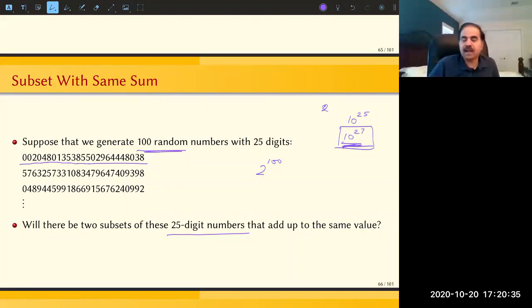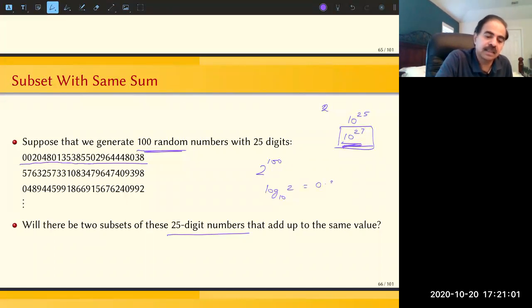So how do you compare? You're right, it is larger, but why? The log of 2 to base 10 is something like 0.301.